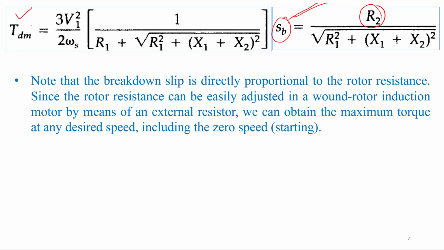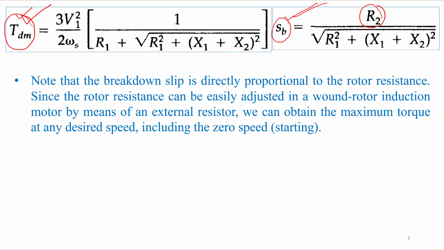Whereas if we look at the expression of maximum torque, we will not find any R2 term. Are we seeing any R2 term in the maximum torque equation? There is no R2 term. That means this maximum torque is independent of the resistance in the rotor circuit. Whatever resistance you put in the rotor circuit doesn't matter, the maximum torque will remain the same. It will not change.